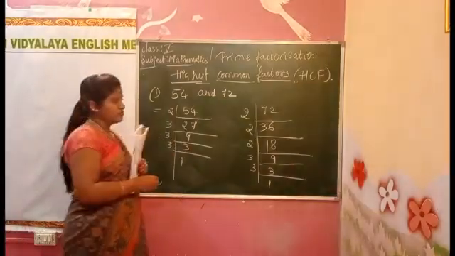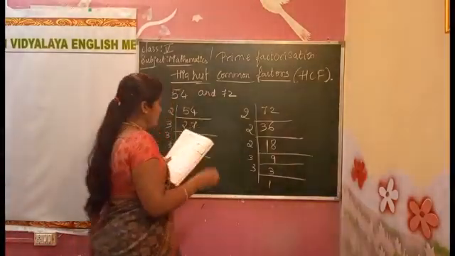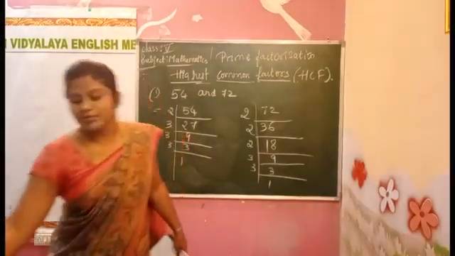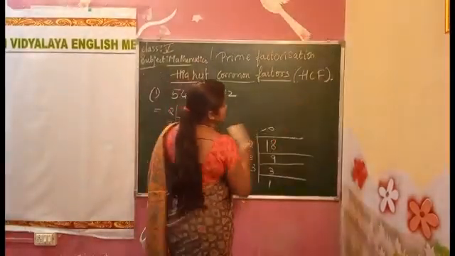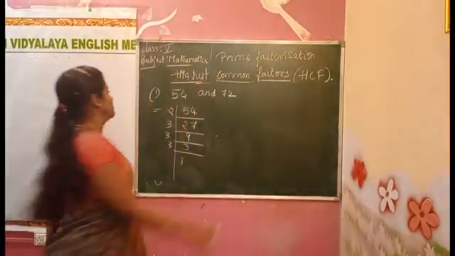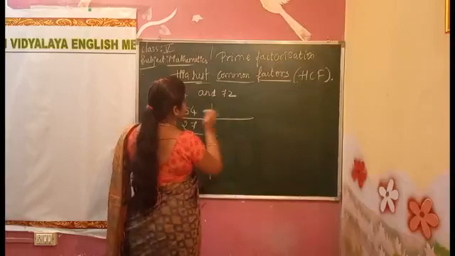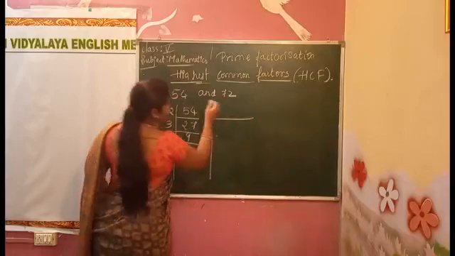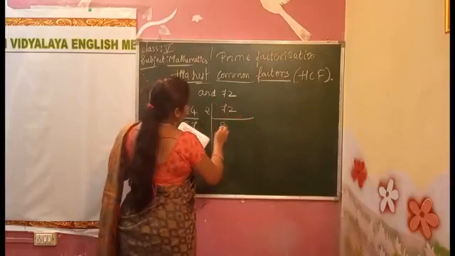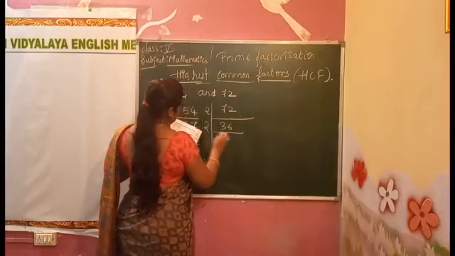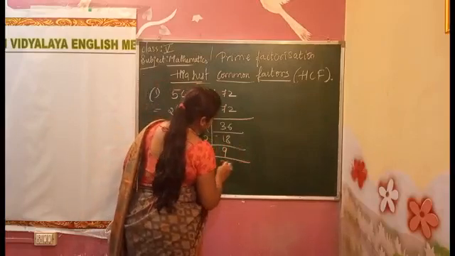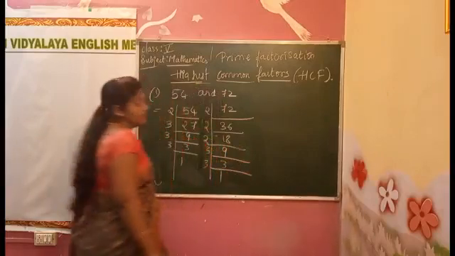Now what we have to do? We have to write these two numbers. I'm writing it here, I will make a space here. Okay, 72: 2, 2, 2, 3, 3.